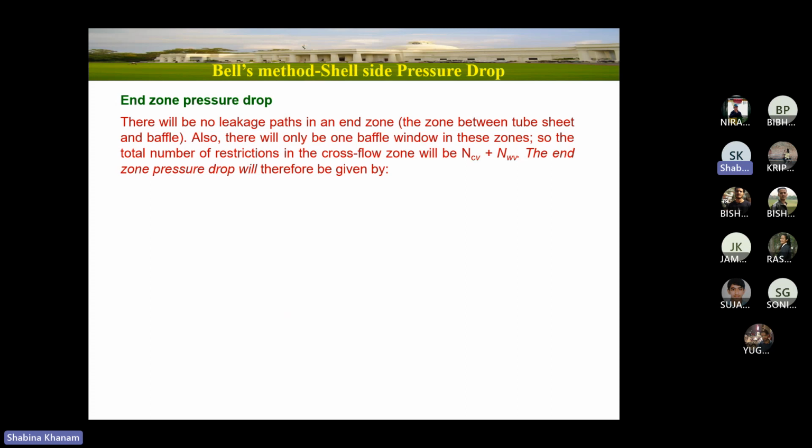Another end zone is between the tube sheet and the last baffle. If I consider the shell, I have only two end zones. It is the region between the tube sheet and the first baffle, or the last baffle and the tube sheet.